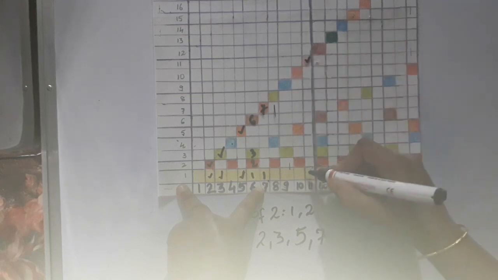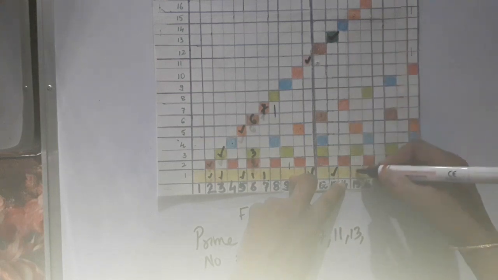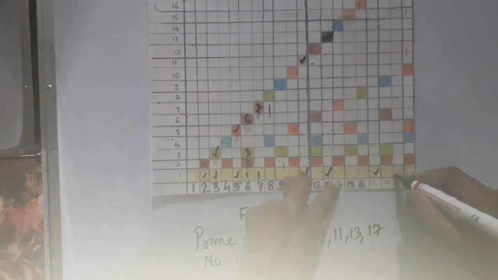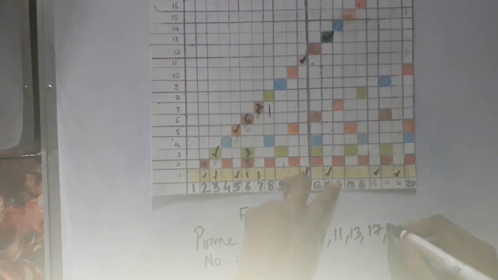Here in 11 you can see only 2 squares are colored, so 11 is a prime number. 12 no, 13 2 squares are colored, so 13 is a prime number. 14 no, 15 no, 16 no, 17 yes, only 2 squares are colored, so 17 is a prime number. 18 no, 19 only 2 squares are colored, so 19 is a prime number.